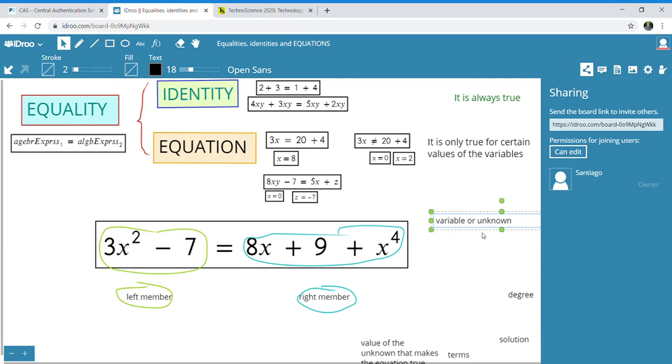The variable or unknown, in Spanish, is variable o incógnita. The variable or unknown is, in this case, the letter x. Of course, in this equation, there are three variables or unknowns: x, y, and z.